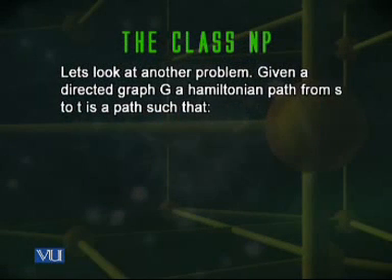Let's look at another example. Let's say that we have a directed graph G, and recall what a Hamiltonian path from S to T in a directed graph G is.